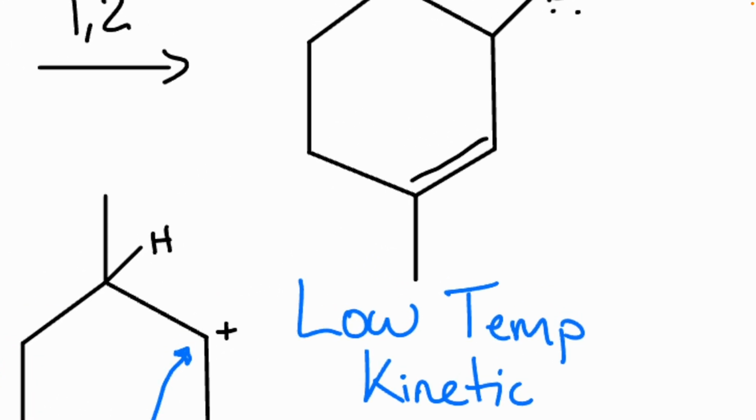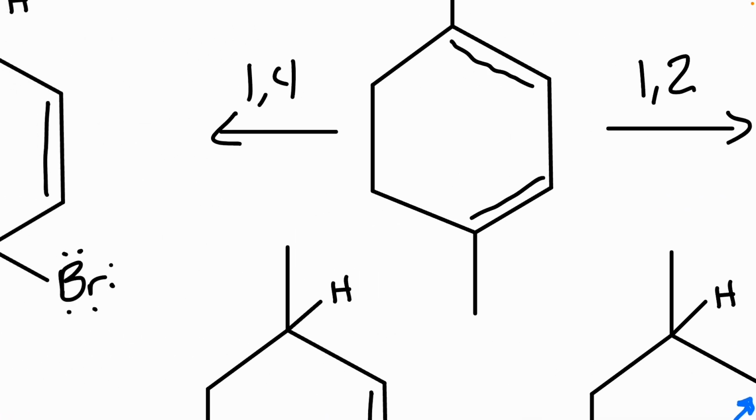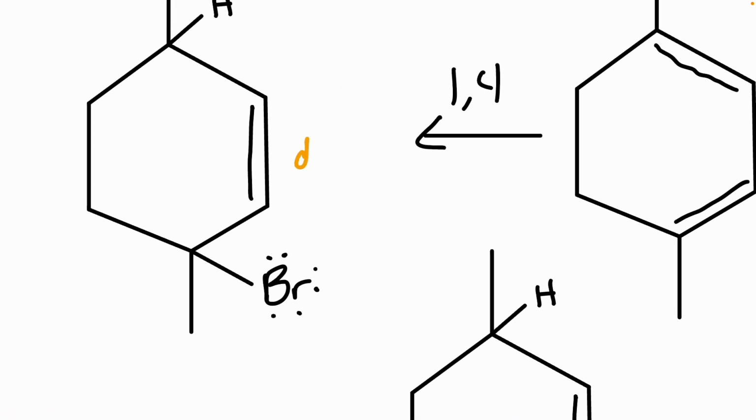I go to my 1,2 adduct here. I look at my double bond. This is a tri-substituted alkene, right? 1, 2, 3 carbons about that double bond. If I go over here to my 1,4 product, this is a di-substituted alkene. There's only 1, 2 carbons about that double bond.